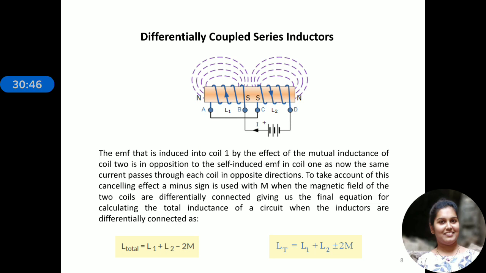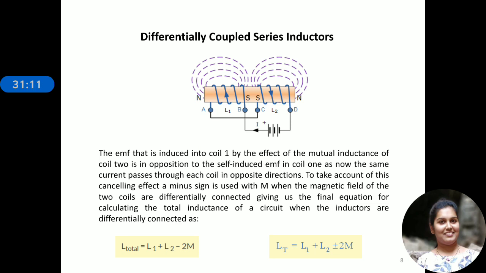As of now we got to know how to connect inductors in series to produce a total inductance value of LT equal to the sum of the individual values added together, similar to connecting resistors in series. However, when connecting inductors in series, they may be influenced by mutual inductance.